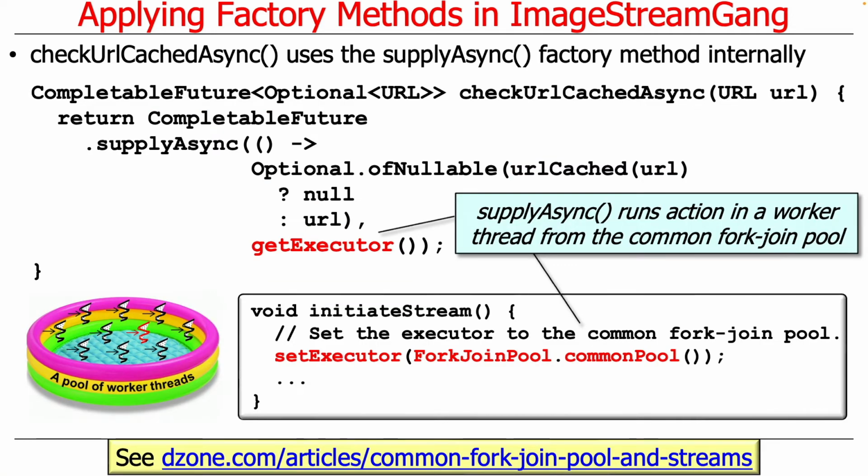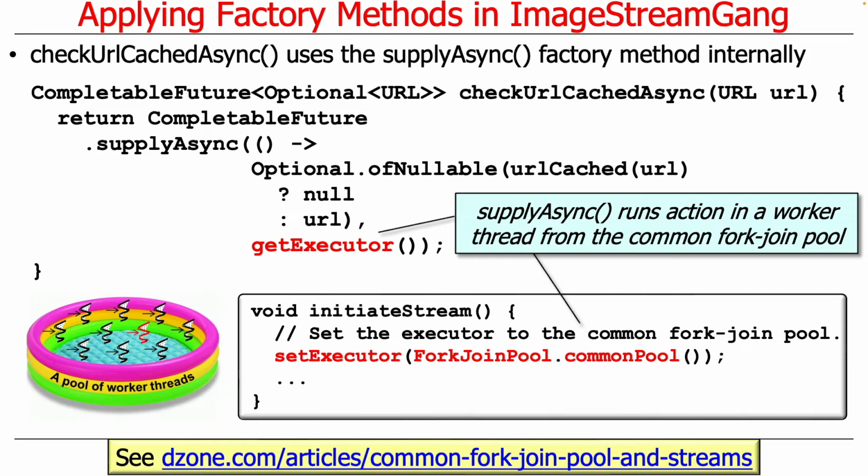But first, let me talk about the second parameter to supplyAsync. For the most part, we've simply been calling supplyAsync with one parameter, the supplier lambda, and not having it use any other executor than the common fork join pool. For various reasons, in this program, we have a helper method called getExecutor, which is an accessor method that returns whatever executor we want to use. And that can be set in some other part of the program.